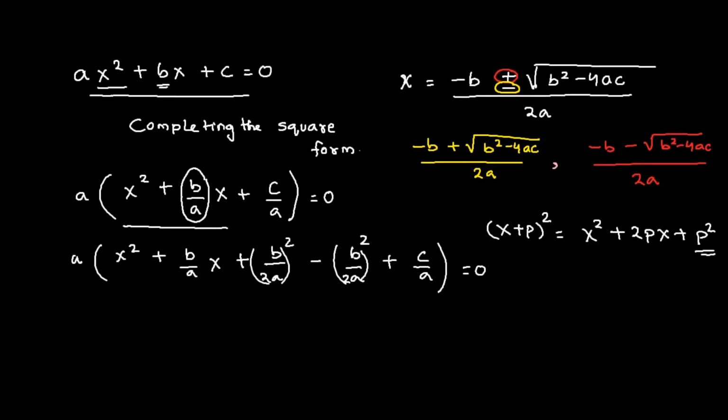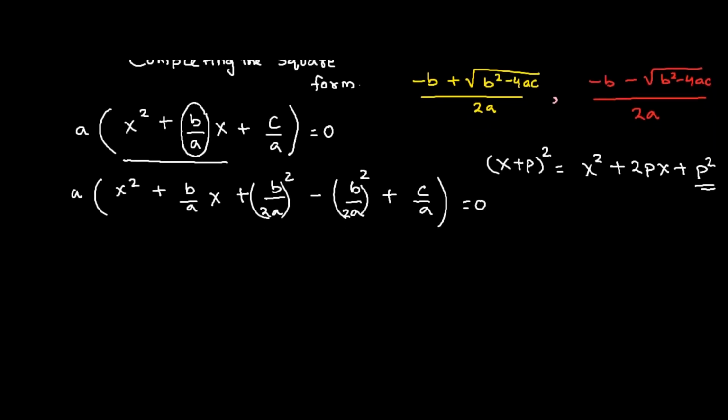Now if we simplify this, if we take these three terms together, you can write this as (x + b/2a)². How do you get this? This value is your p, and if I multiply 2 to this and divide by 2 to this, b over 2a will be the p value.